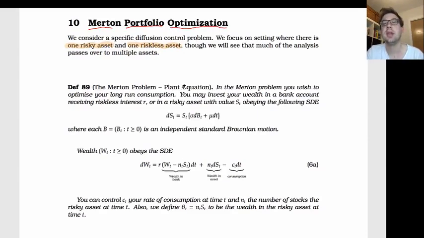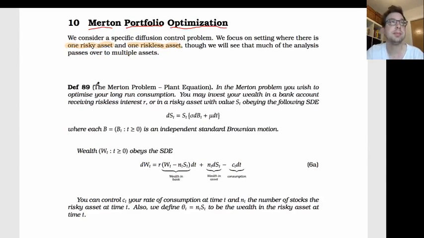Here we've got something like a bank account, which gives us a fixed rate of interest. As I say, what we do here will actually carry over to the case where there are multiple assets to invest in. But for now, we're going to just focus on one risky and one riskless asset because it's easier to do the theory there, or at least we've not got so many vectors and matrices to worry about.